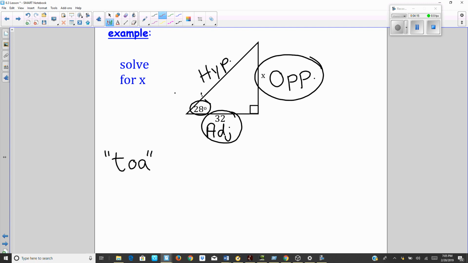So the setup goes like this. We're just going to take the tangent of 28 degrees, and we're going to set it equal to the opposite side over the adjacent side.